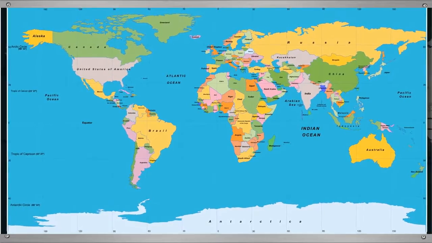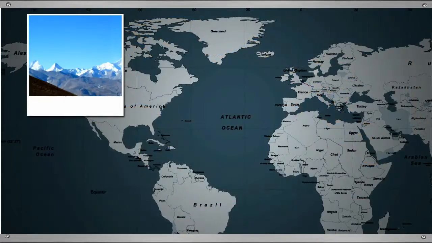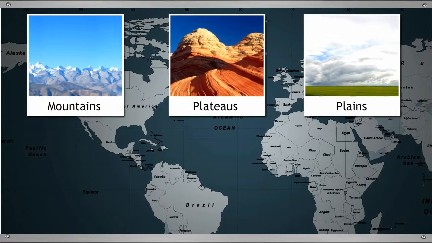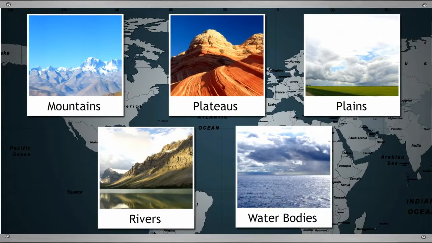Maps can be used to show various features of a place, such as mountains, plateaus, plains, rivers, and water bodies.